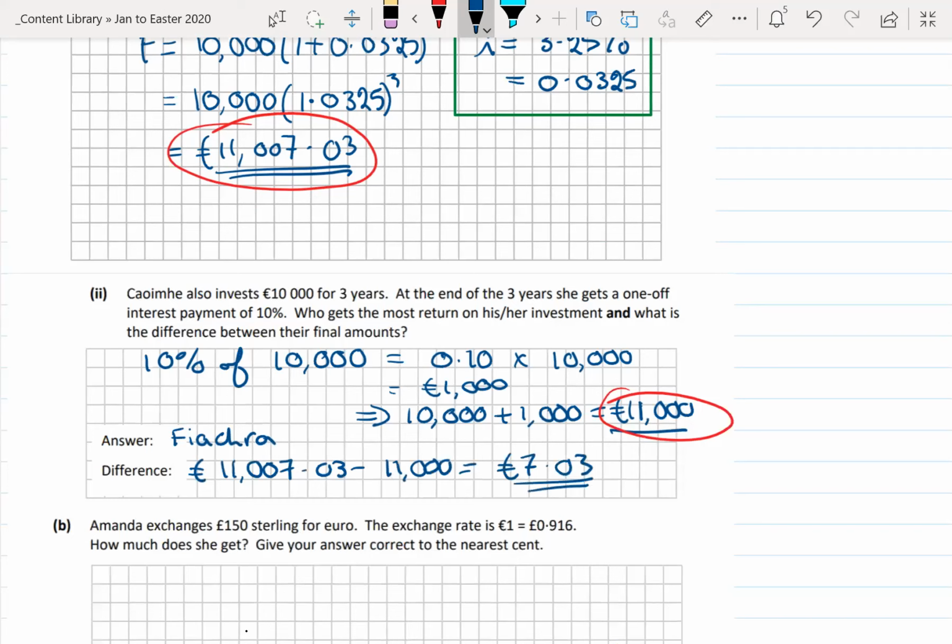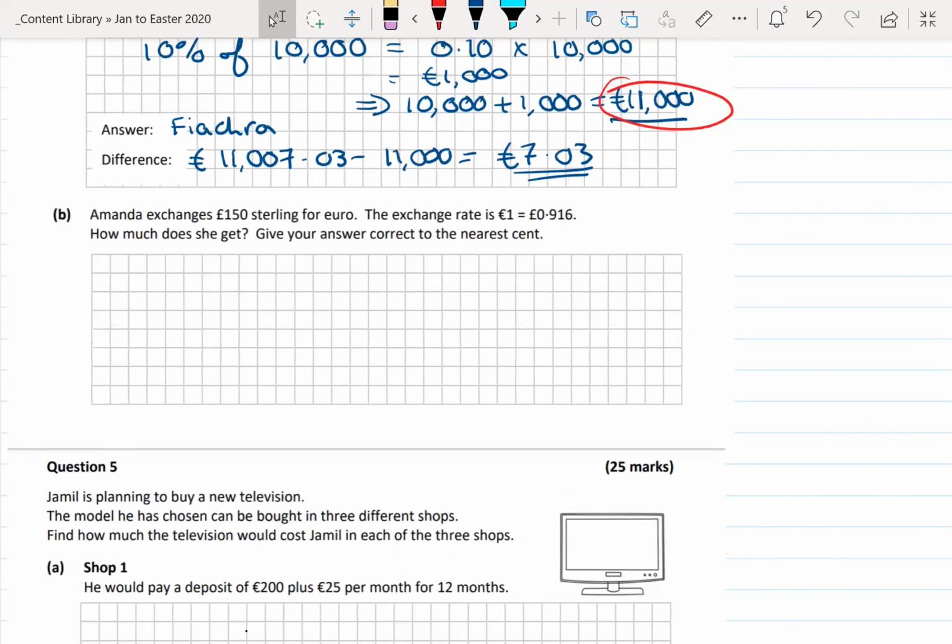Now, Amanda exchanges 150 sterling to euro. The exchange rate is 1 euro equals to 0.916 pounds. Okay, now Amanda wants to go from 150 sterling to euro.